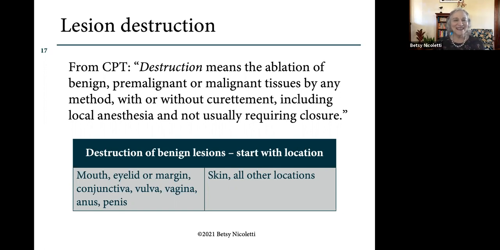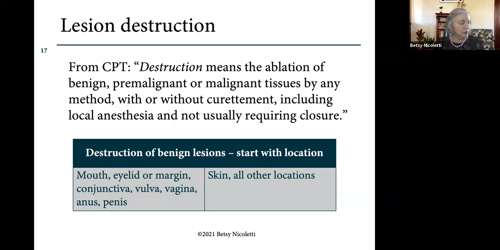So CPT says lesion destruction is the ablation of benign, pre-malignant, or malignant tissues by any method. There are a few codes where the method is designated in the code, but not most of them.